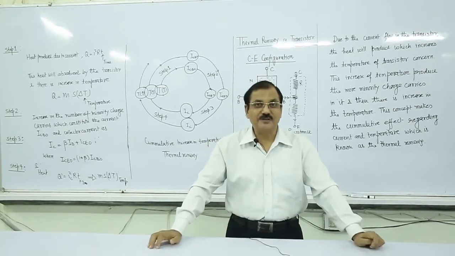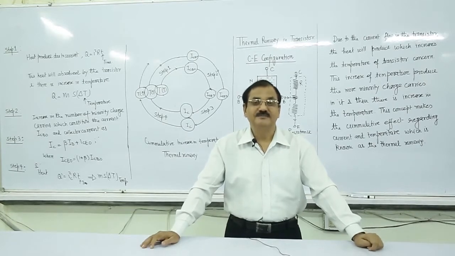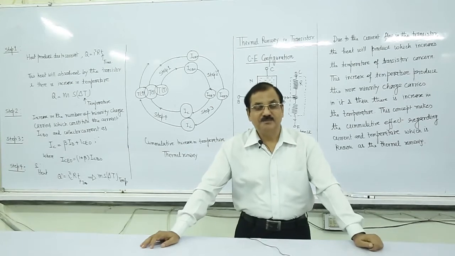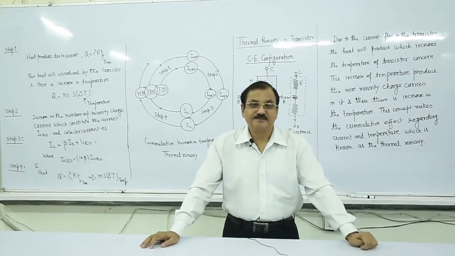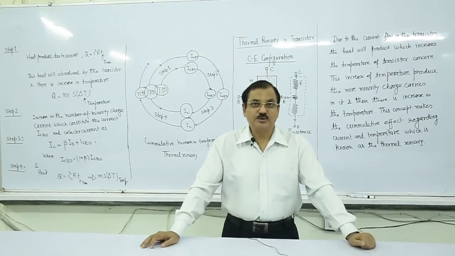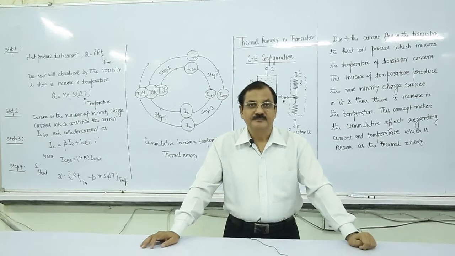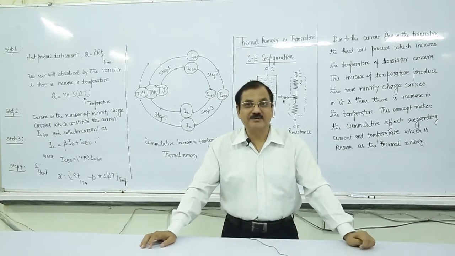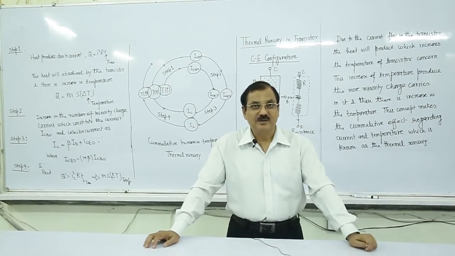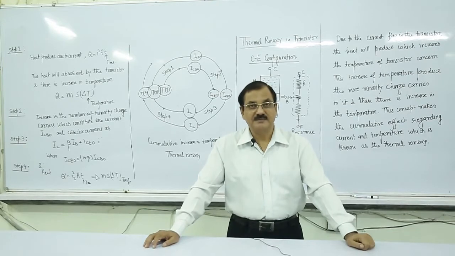After the discussion of common emitter configuration and the input and output characteristics, we will switch over to the application area of common emitter configuration. But before going to encounter the several types of problems in the circuit configuration, one of the biggest problems is thermal runaway.